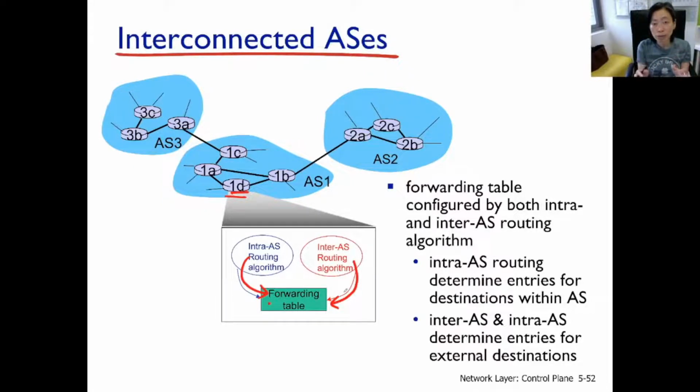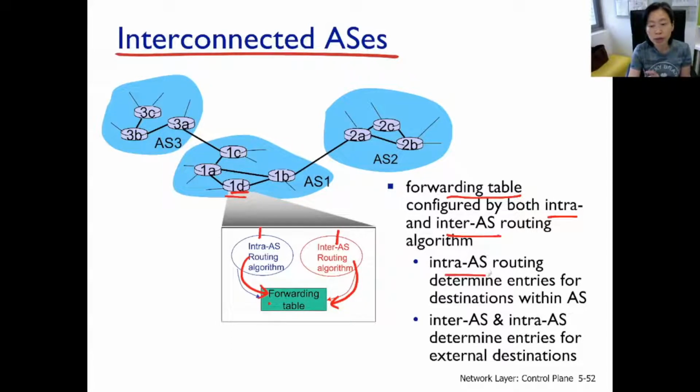As you see earlier, in order to pass data from one router to another router that's far away, not within the region, you need intra-AS routing to find the gateway router. And you also need the gateway router to find where the destination gateway router is. So you do need the inter-AS routing algorithm telling each node where to pass data further, just like you need intra-AS routing telling you how to reach another router within the AS. So the forwarding table here will be configured by both intra-AS and inter-AS routing algorithms.